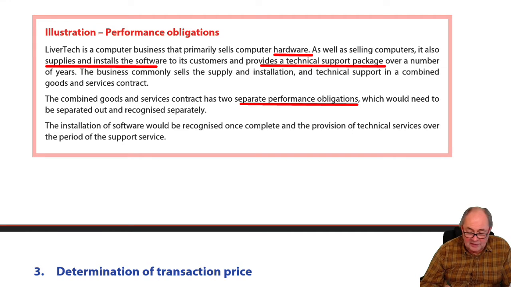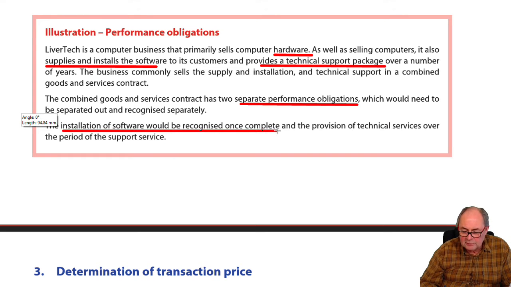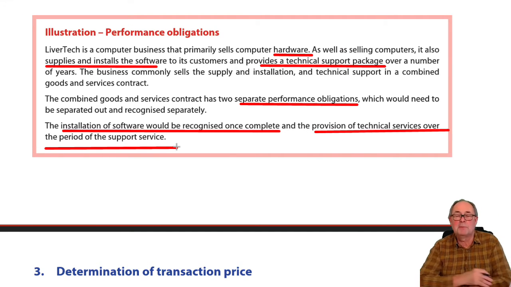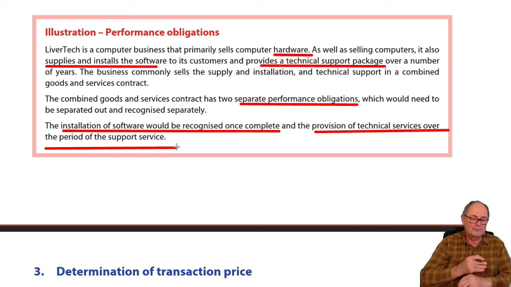So it might be that you wish to distinguish, for example, the installation of the software, recognize that once it's been installed, the provision of services would be over the period of the support service that you're given.